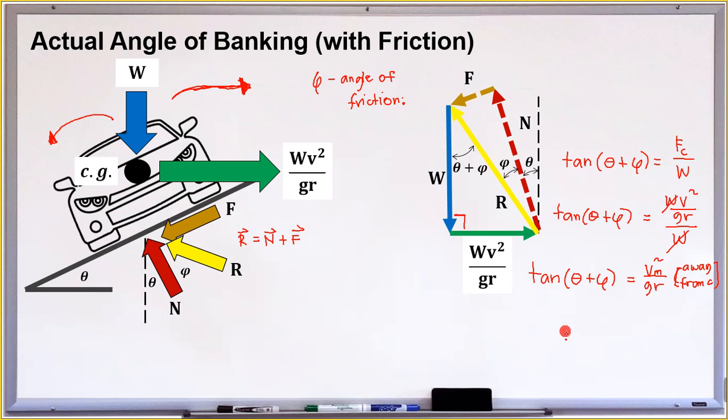If that is the case, the equation is reversed. We modify it slightly: instead of adding the angle of friction to the angle of banking, we subtract it, which is equal to V sub m squared over g R.